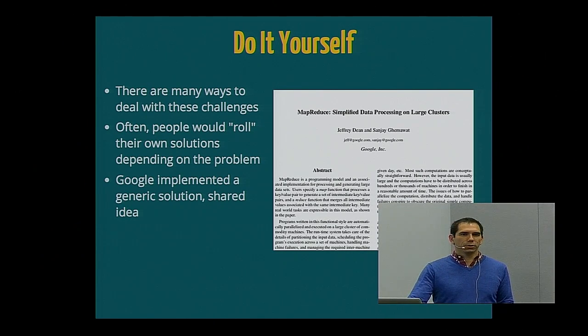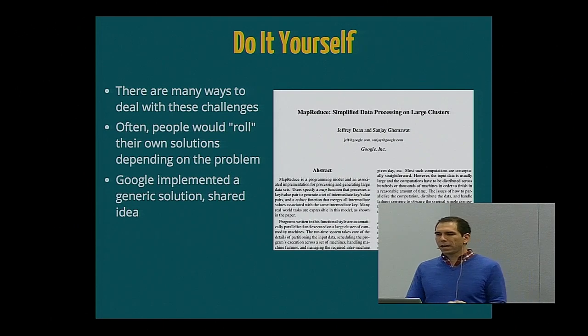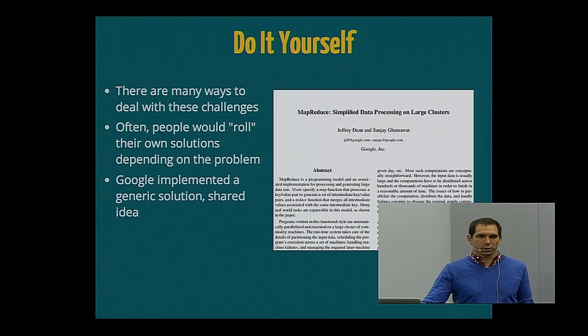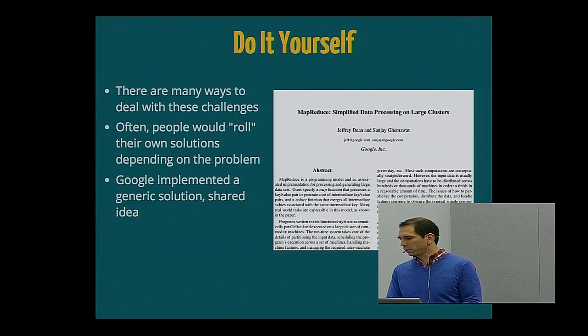But Google, and specifically Jeff Dean and Sanjay Ghemawat, spent some time thinking about this and came up with this MapReduce paradigm. It's a simple paradigm that allows you to do these computations over multiple machines, and tries to address some of these problems that we just mentioned.